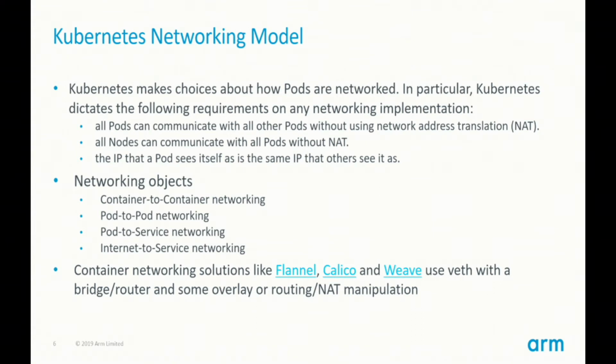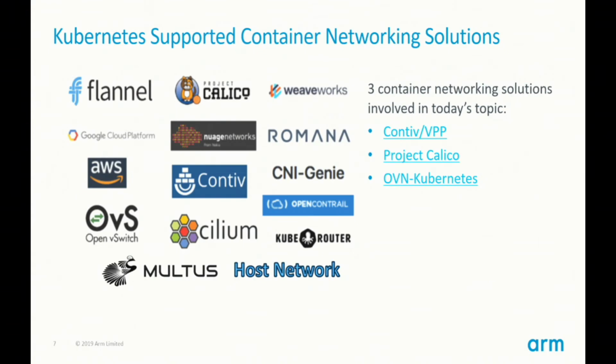Container networking solutions like Flannel, Calico, and Contiv use a veth with a bridge, a router, and some overlay routing manipulations to do the networking. Here is a list of the Kubernetes-supported container networking solutions, such as Flannel, Calico, Contiv, Cilium, Multus, and host network.